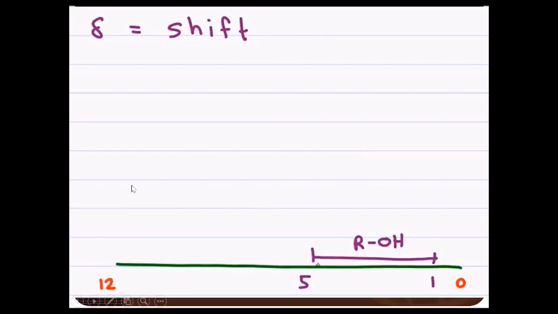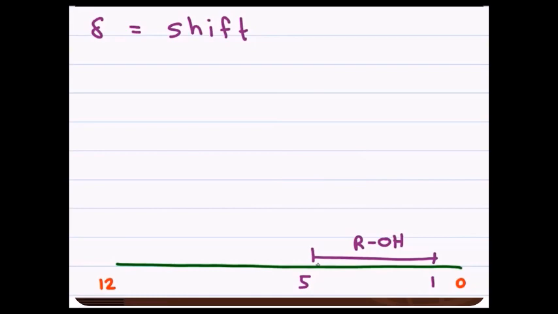Now, in terms of the data booklet table, alcohol is a bit of a problem. The value for alcohol, or the H's on the ROH range that you see in your IB data booklet, is somewhere between 1 to 5 ppm. And like I said earlier, this is too big of a number range, too broad of a number range.